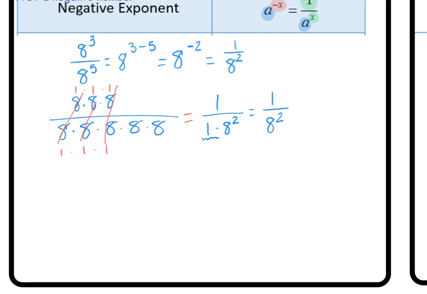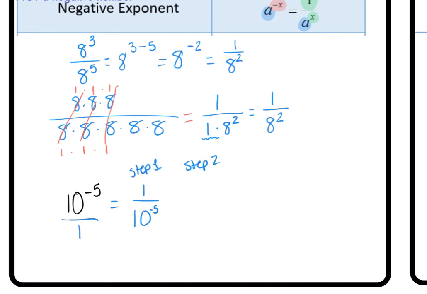With this one, I do feel like you need a couple examples. So let's do 10 to the negative 5th power. Remember that we are going to flip it, make it a reciprocal. Anything that doesn't have a denominator has a denominator of 1. So we do 1 over 10 to the negative 5th power. Do the reciprocal. That's step 1.